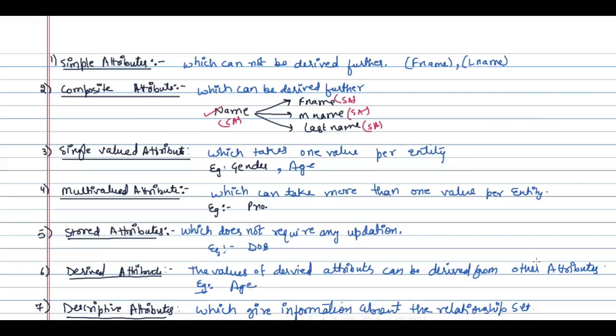So these attributes can be represented using different shapes in the entity relationship model. For example, a simple attribute is generally represented by a single oval, like first name.